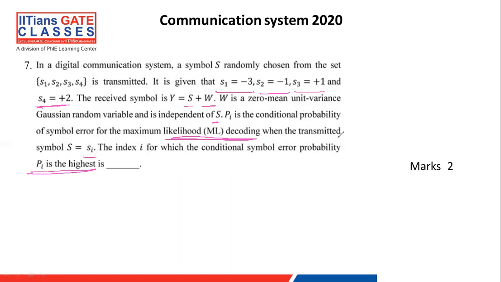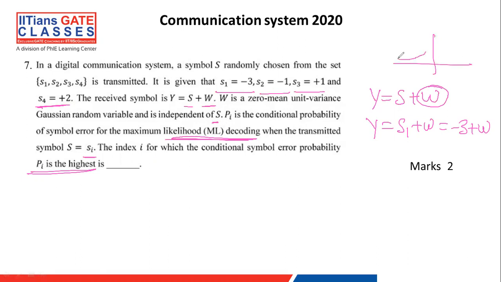So let's start. First, we get y equals S plus W, where W is the Gaussian noise. Let's take the first case, when it is S1. So y equals S1 plus W, or -3 plus W. We know that W is white Gaussian noise with zero mean and unit variance.